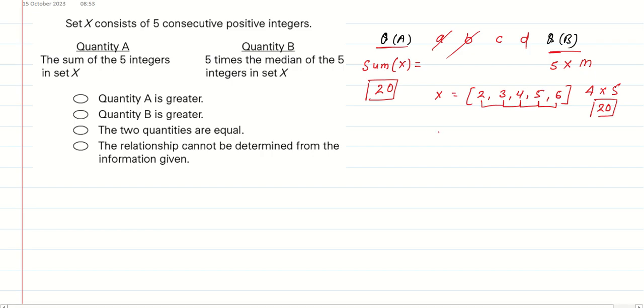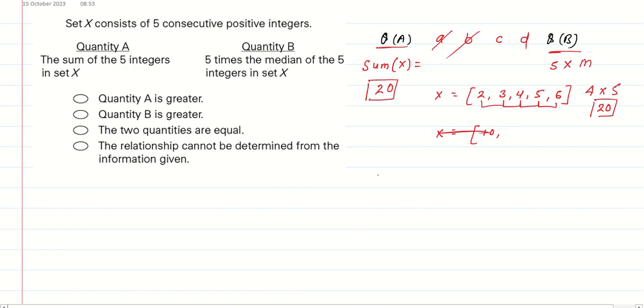Now I can take another number, let's take something like 10. Correct, exactly what I was talking about.